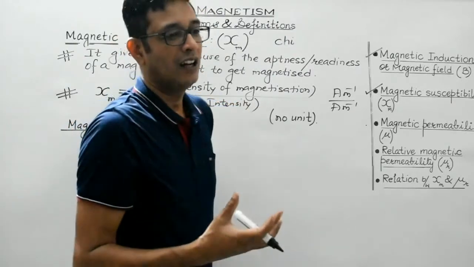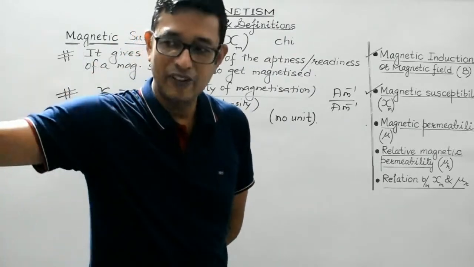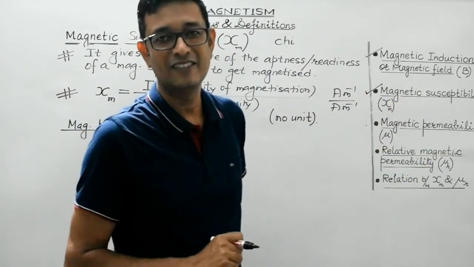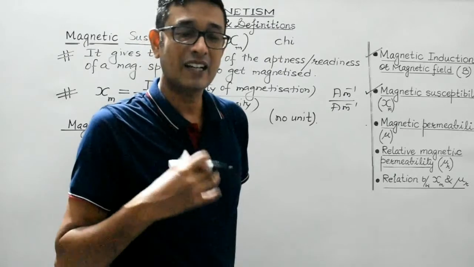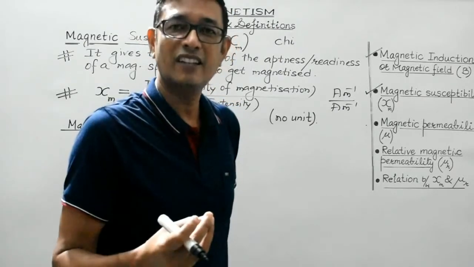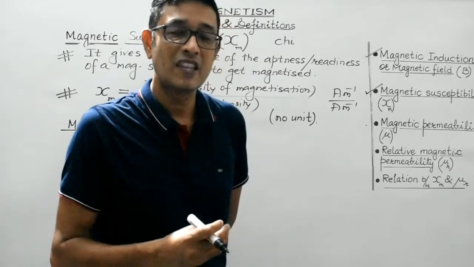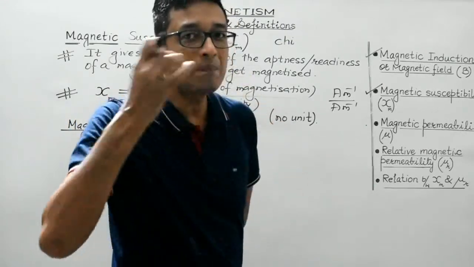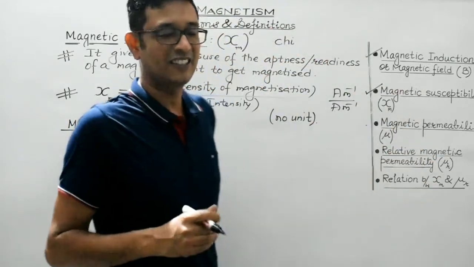Means how it allows the magnetic field lines to pass through it. So that's magnetic permeability. Clear? So magnetic permeability is a physical quantity that gives the measure of the conducting power of a specimen towards the passage of magnetic field lines.